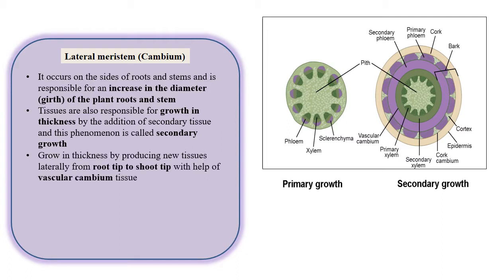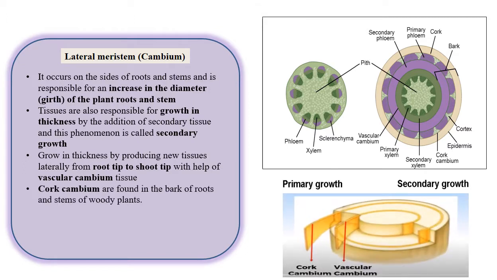Some plants grow in thickness by producing new tissues laterally with the help of vascular cambium tissue. Cork cambium is found in the bark of roots and stems of woody plants. The cambium of vascular bundles and the cork cambium are examples of lateral meristems.